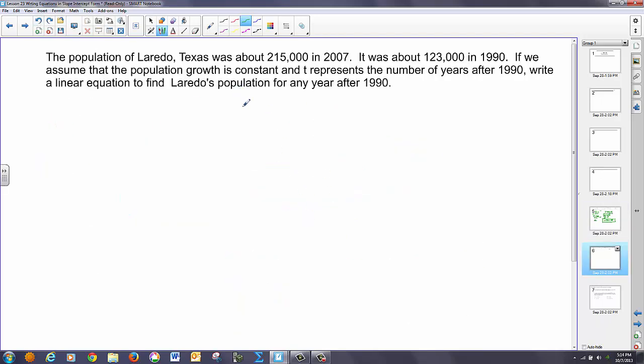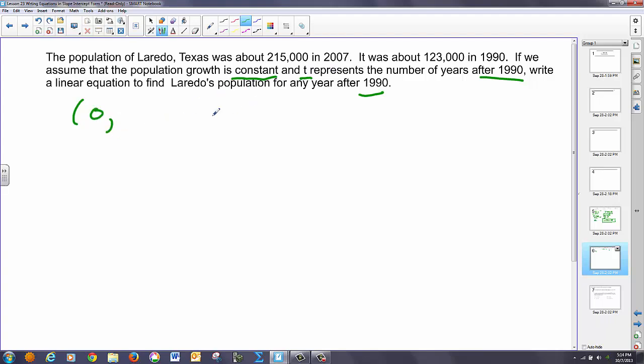So in this example, we have a population in 2007 and a population in 1990. And we assume that the growth is constant, which means the slope is constant. And t represents the number of years after 1990. That's important. 1991 would represent the number 1 for t, 1992, etc. So 1990 actually represents the 0 year.